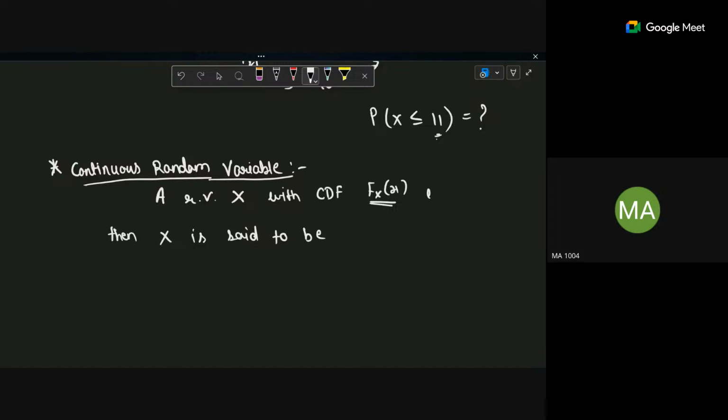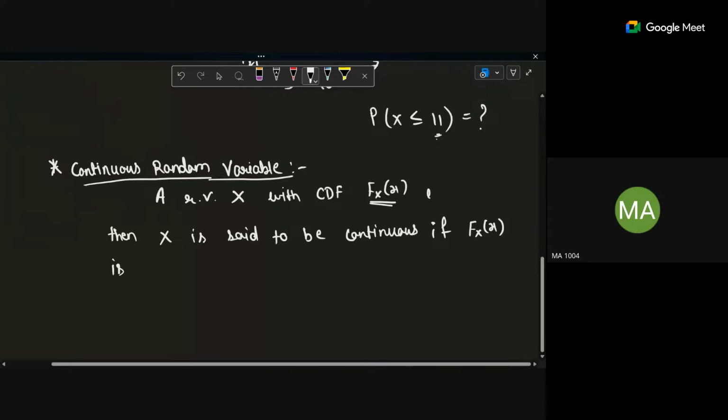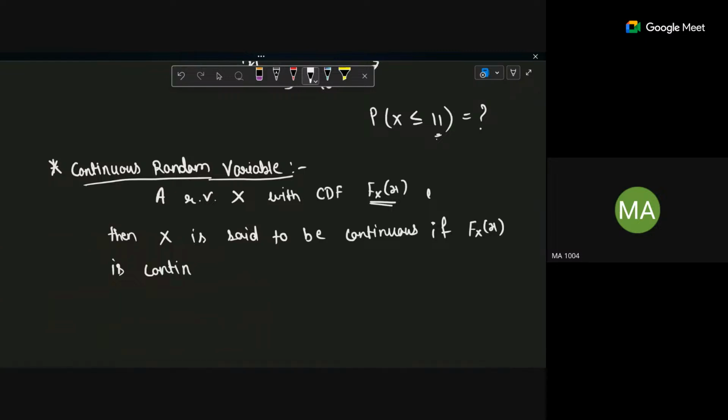Is there any doubt regarding this? No, ma'am. If the graph of the CDF is given to you, you can decide whether your random variable is continuous or not.